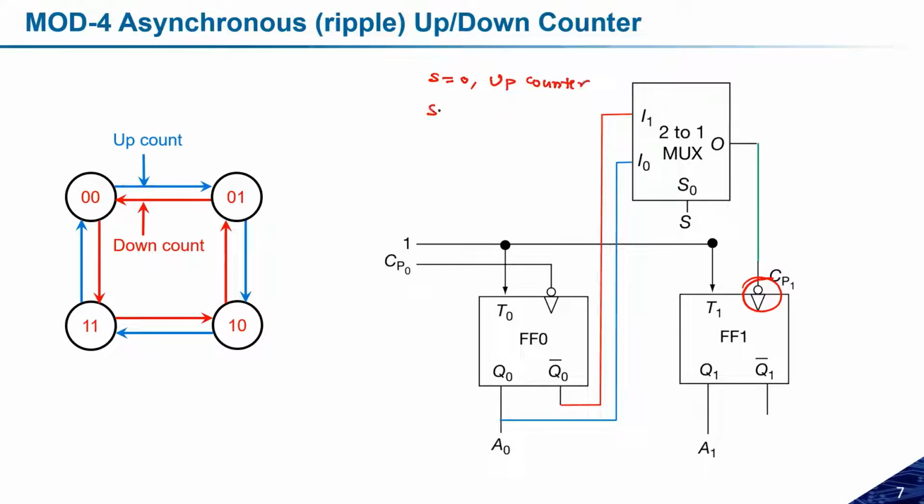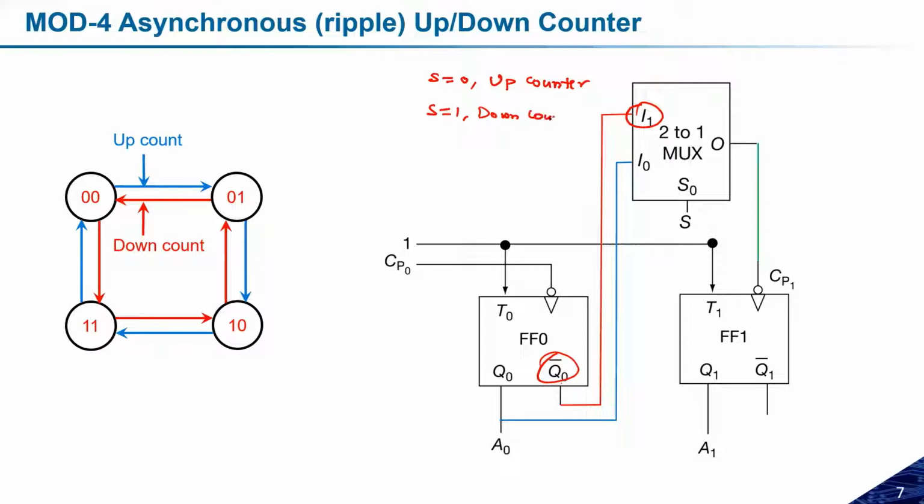Okay, and if S is equal to 1, then I1 will be selected, and I1 is connected to Q0 bar, so Q0 bar will be connected to CP1. In this case, it will act as a down counter.